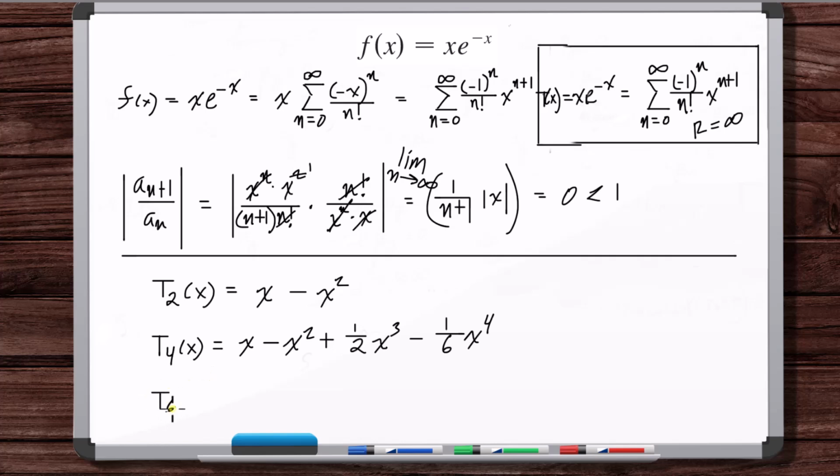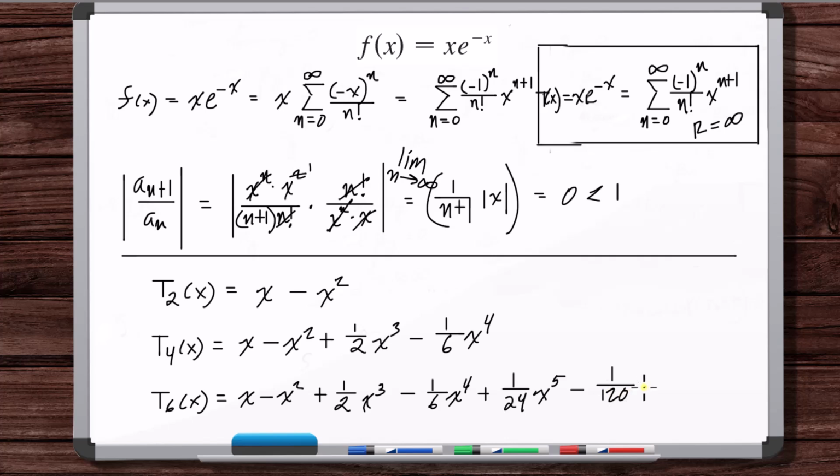T sub 6 is going to be x minus x squared plus 1/2 x cubed minus 1/6 x to the 4th plus 1 over 4 factorial, 4 times 3 is 12, 12 times 2 is 24, then x to the 5th, then minus 1 over 5 factorial, which is 120, x to the 6th.